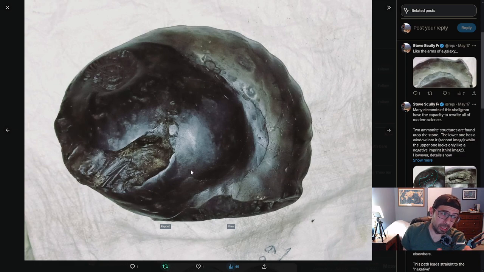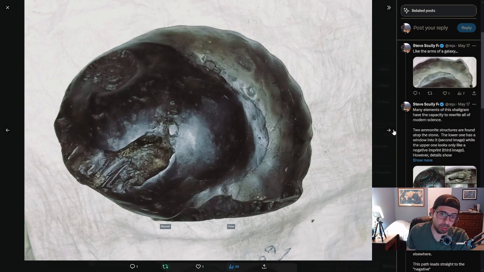But really, all of this was flowing from the other side. The thing is, some of it divided. So current flowing from the other side seemingly fueled into this and this. At first glance, it's just a negative imprint of an ammonite.